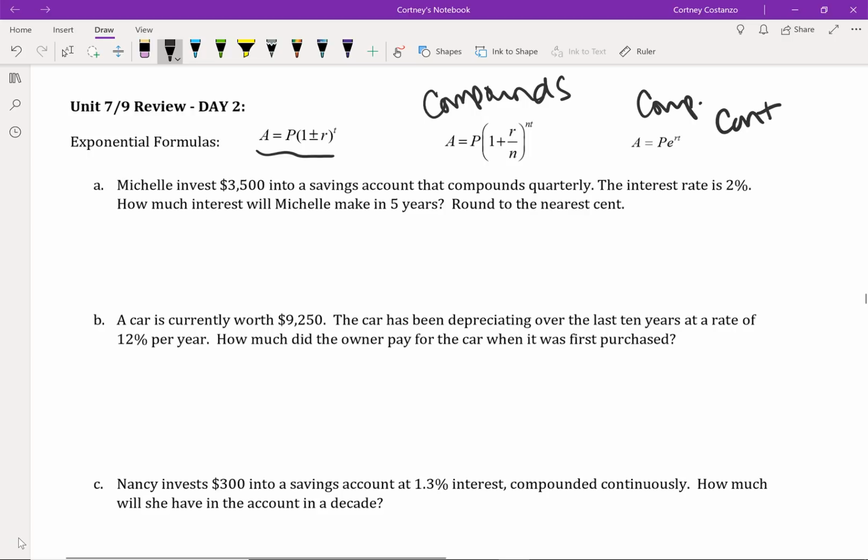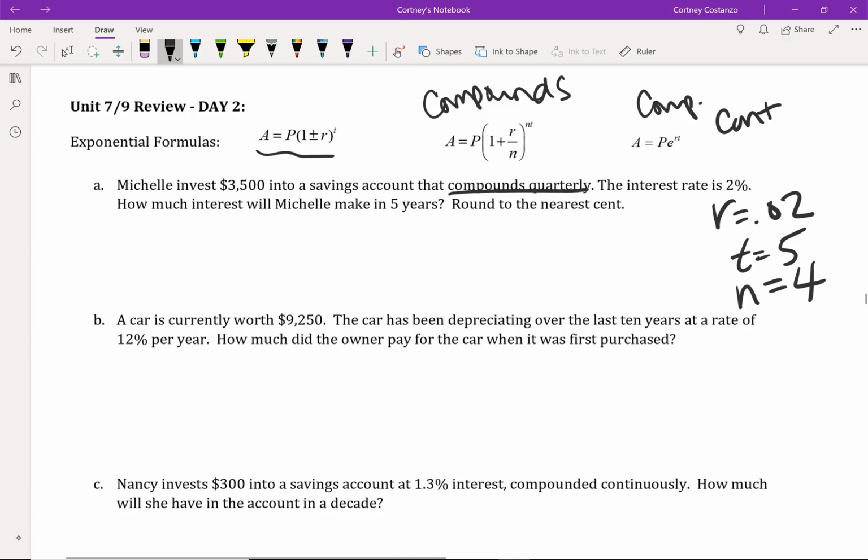So let's look at our 3 examples here. Michelle invests $3,500 into a savings account compounded quarterly. That's going to be your middle formula. The interest rate is 2%, so R is going to be 0.02, 5 years, that's your T value. Compounded quarterly, that's your N value. Quarterly would be 4 times a year.